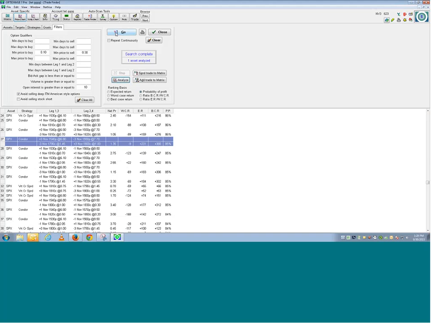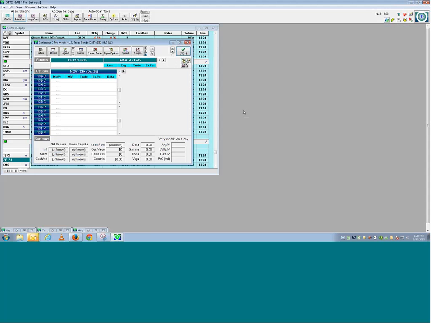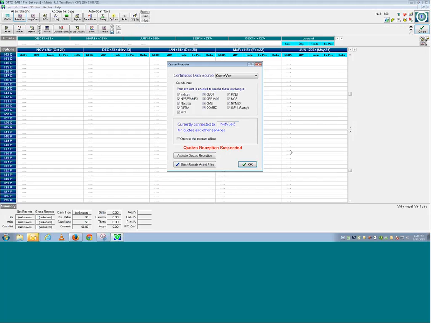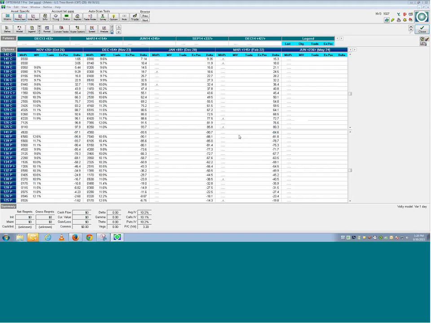Let's go to the next symbol in the list here. Let's go to Treasury bonds. Let's bring in some data, if we can. Let's activate quotes reception. Bring in some numbers. And where are we on that one? Treasury bonds.